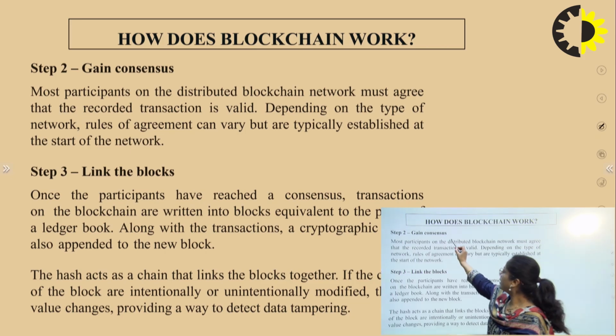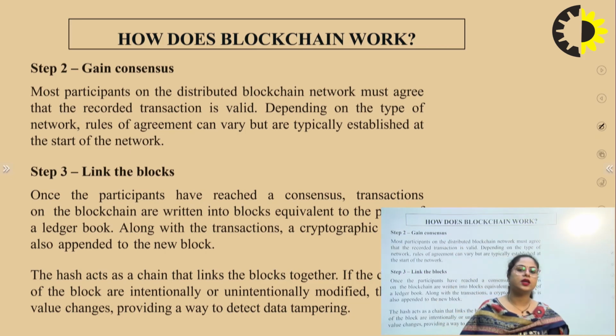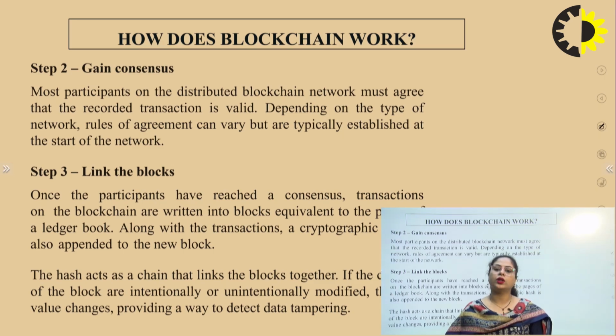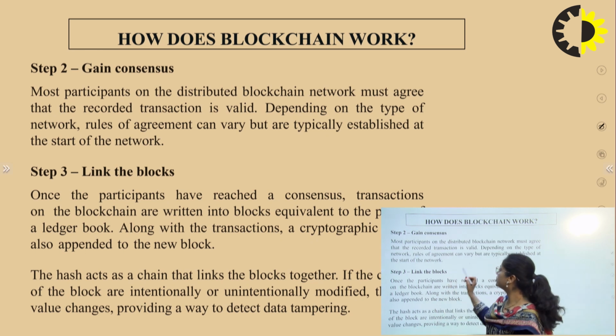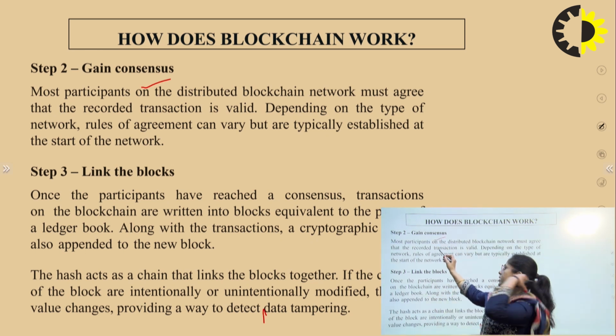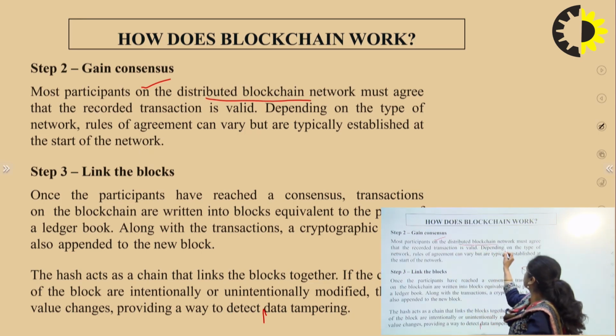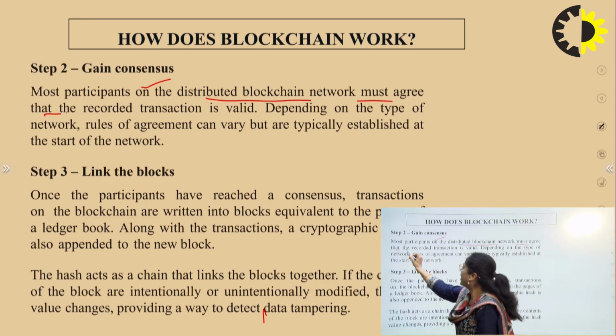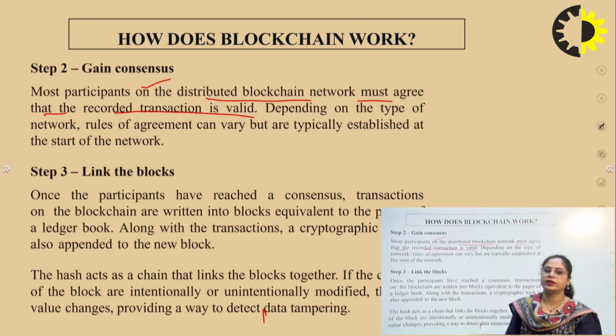Second is gain consensus. Consensus is nothing but the agreement. When all the peers and all the nodes are present in the decentralized network, consensus is very important. Agreement of all the nodes is very important. So the second step is gain consensus. Most participants on the distributed blockchain network must agree that the recorded transaction is valid.